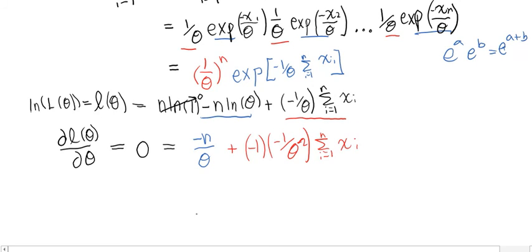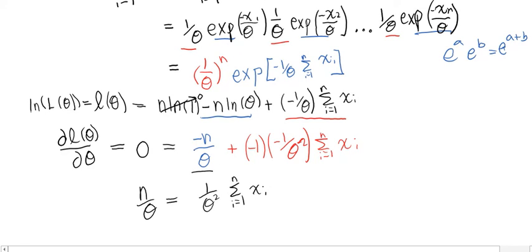Now that we've set it equal to 0, we can start solving for theta. We're going to go ahead and bring this negative n over theta to the other side. This is going to change to a positive, so this goes to 1 over theta squared times the summation of the x's.